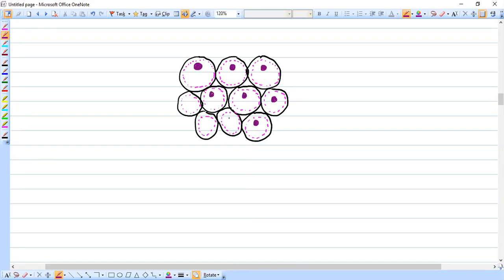And inside this there is a vacuole present. So let us draw a vacuole. The big one that you can see is nothing but the vacuole. And all the cells of parenchyma are attached to each other with the help of plasmodesmata.